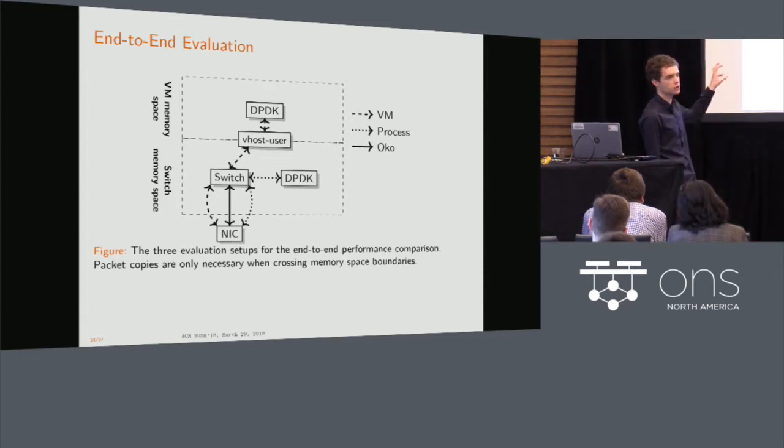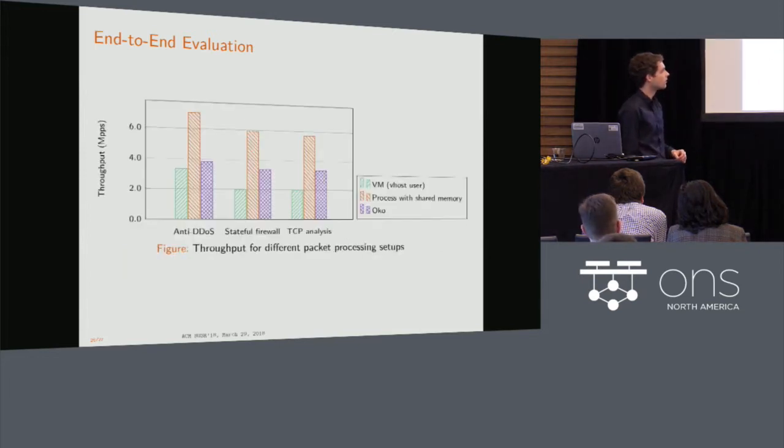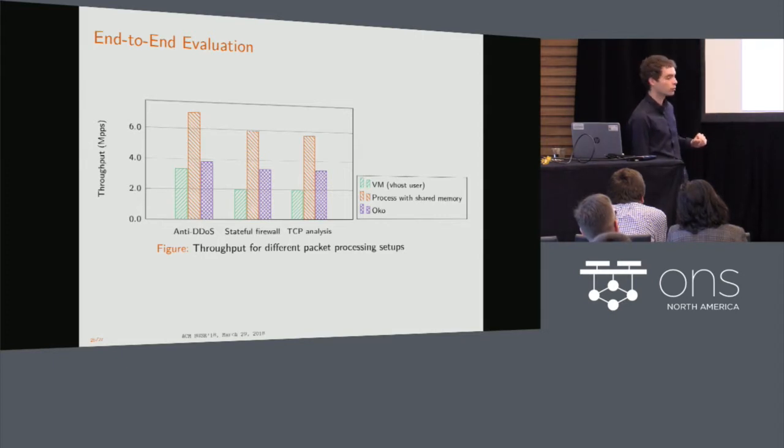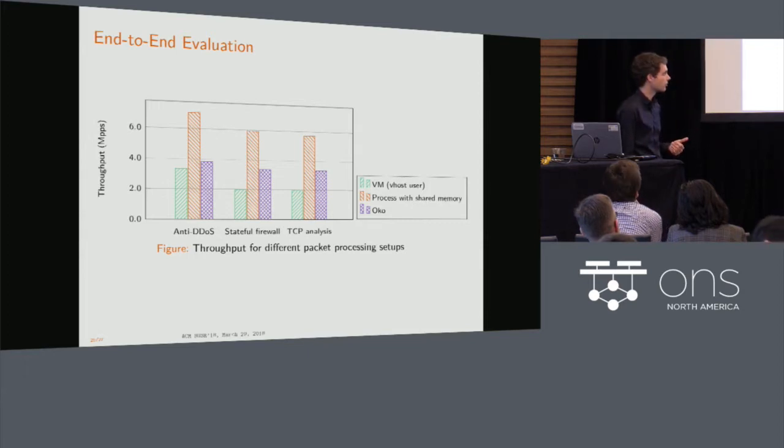Both the software switch and the DPDK process are running on their own core on the host. For each of the three use cases, we measure the performance. The separate process would be in orange and OVS in purple. We can see that we have almost twice the performance with OVS compared to a separate process in this setup.